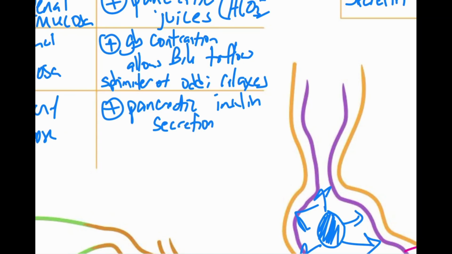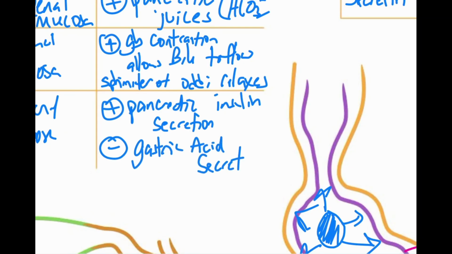So it's going to stimulate that, get the insulin going so that it's ready to handle all that sugar load. It also is going to inhibit gastric acid secretion. Why does that part make sense?